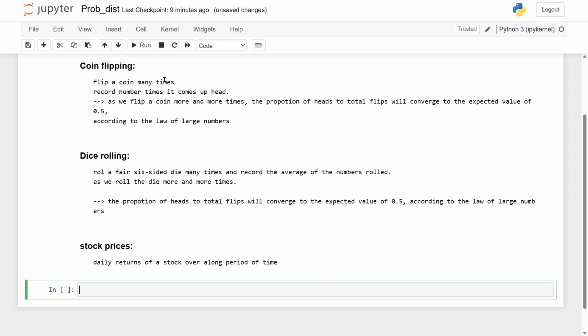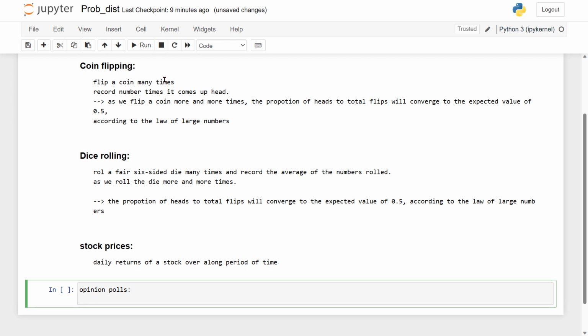Similarly, opinion polls, very important. Now the elections are going on. Suppose we conduct a poll of a large number of people and record their opinions on a certain issue.